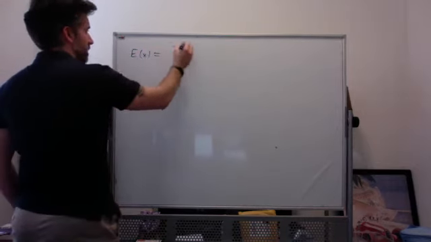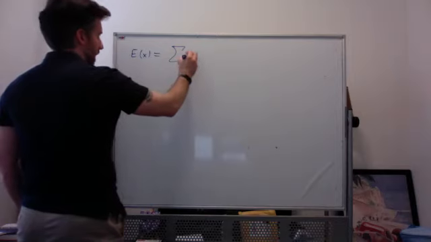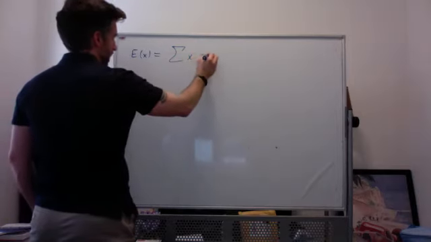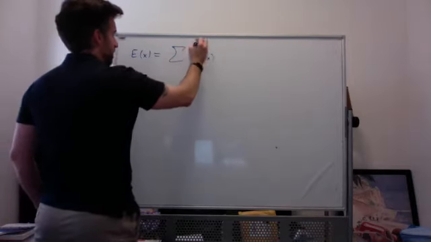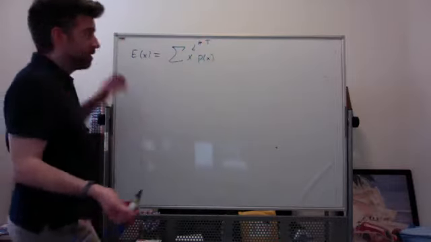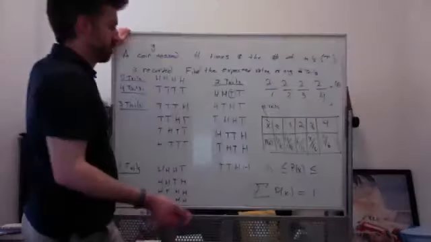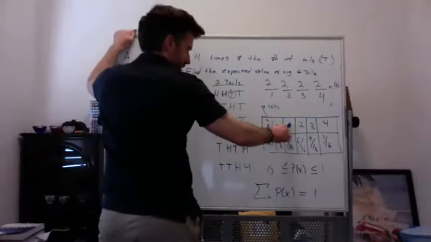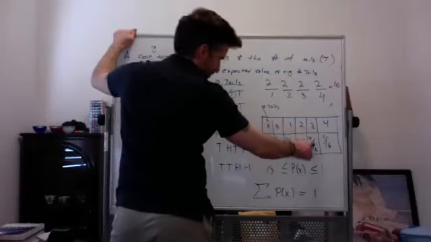All right. Okay. So the expected value, I already know it's going to be 2. Let's actually calculate it. So again, it's going to be the sum of the x's times the probability of the x's. Or x in this case is the number of tails, and the probability of x is the probability of that number of tails. So we're literally just going to take this times this plus this times this plus this times this.